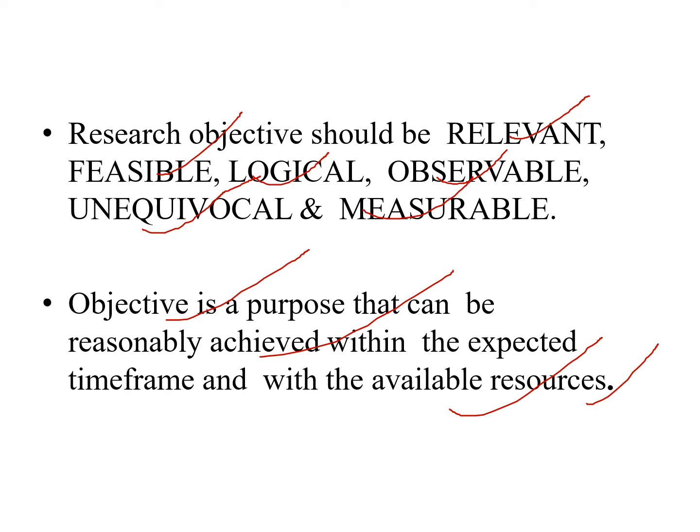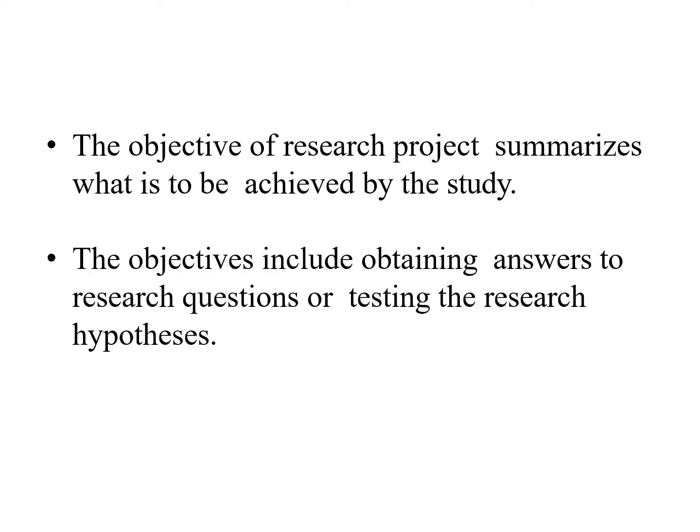That is the kind of objective you should formulate. Next, whatever objective you formulate should summarize what the person wants to achieve at the end of the study. And the objective should show what you want to obtain at the end of the study, and it should be testable by using a research hypothesis.